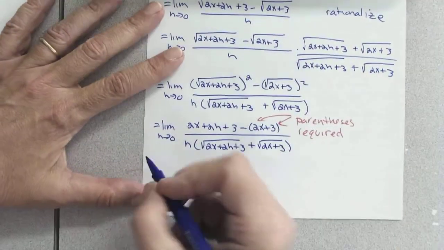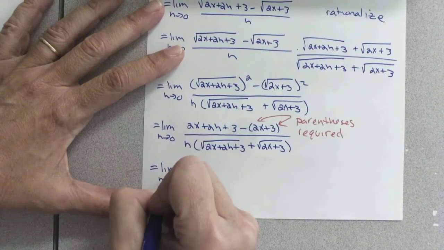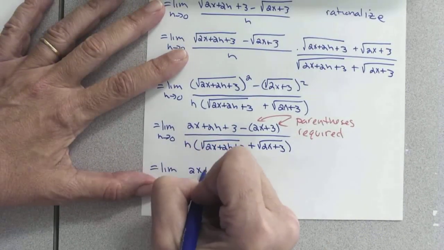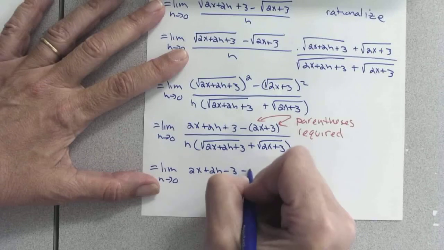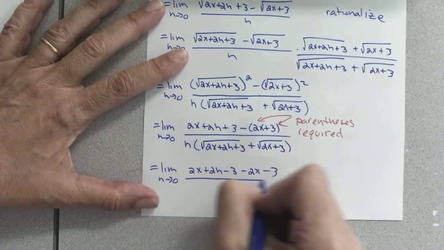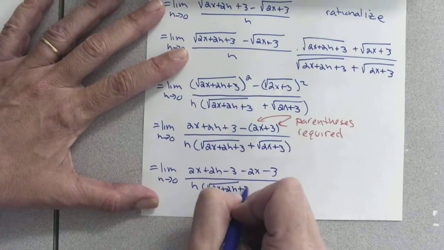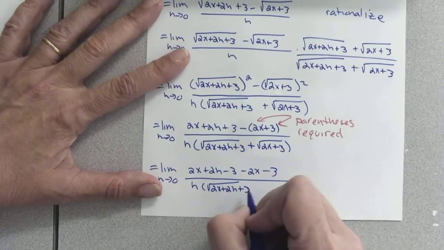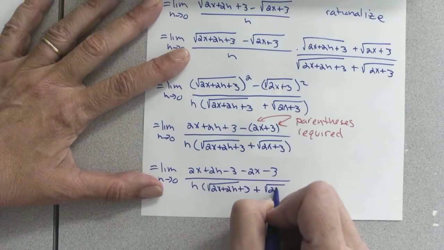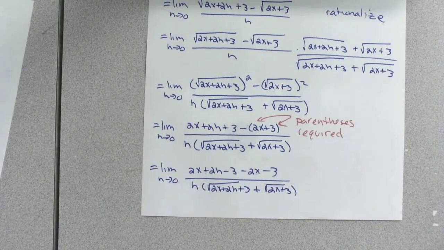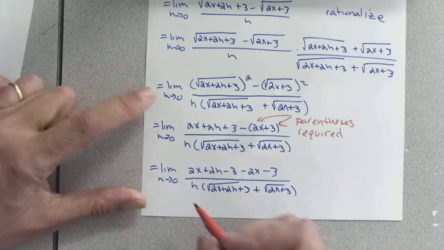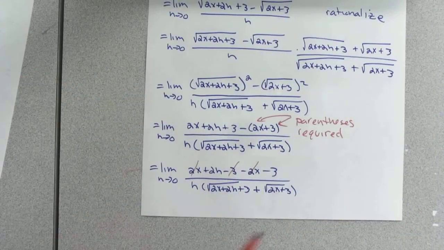But because I have those parentheses, I can distribute that minus sign. And once I distribute that minus sign, good stuff happens.